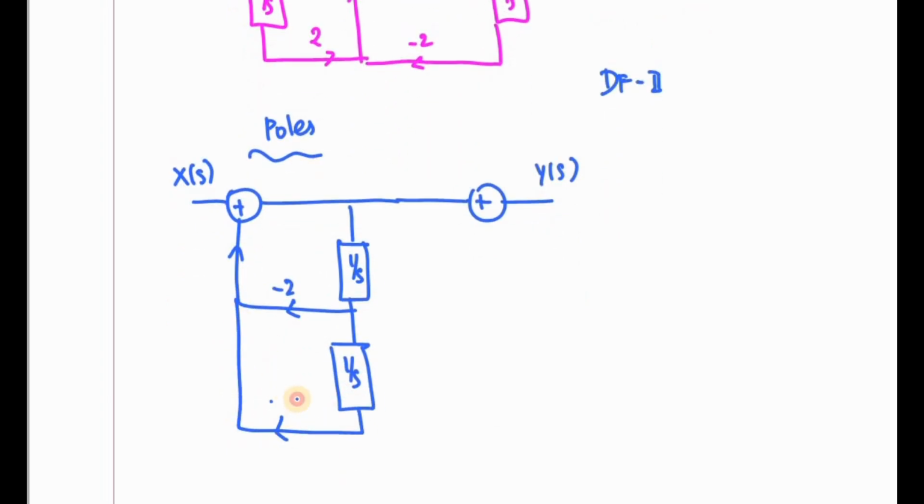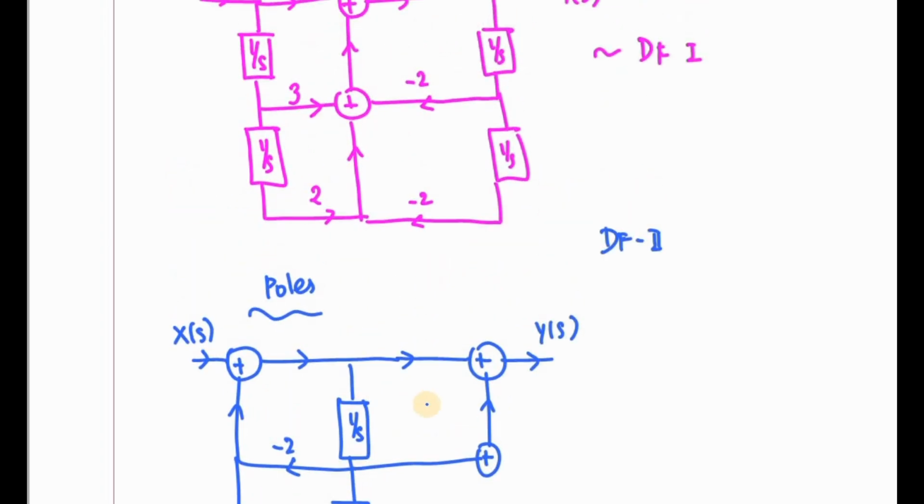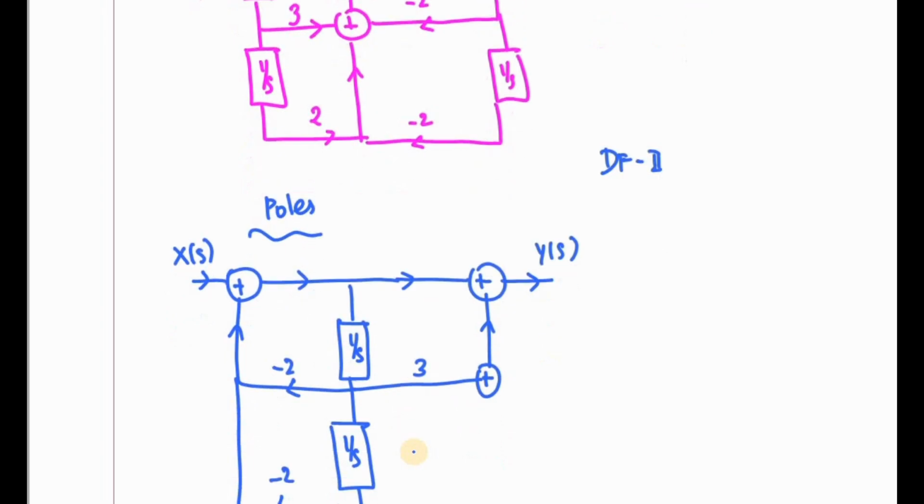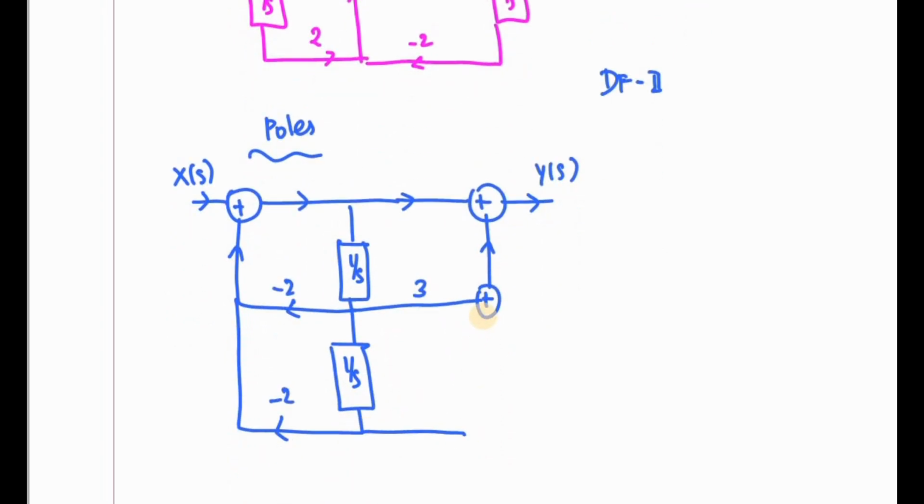And this has to be your zeros, so that is 3 and 2. So this is your multiplier and this is your integrator. So this is how you have to draw it for this one.